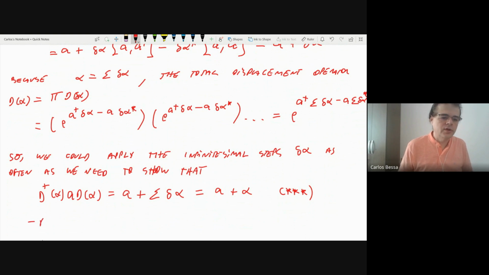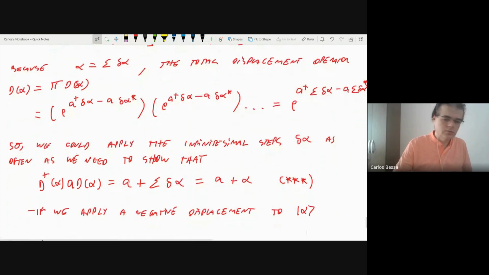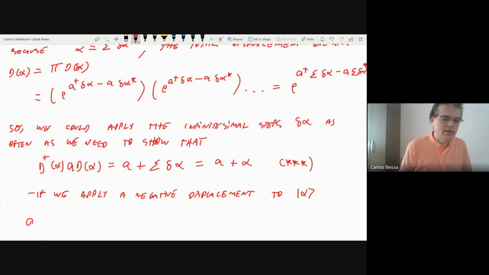But let's see, if we apply a negative displacement to alpha, so if I have a and apply D of minus alpha to alpha, I can apply the displacement in the coherent states, but a negative displacement, and then apply the annihilation operator.